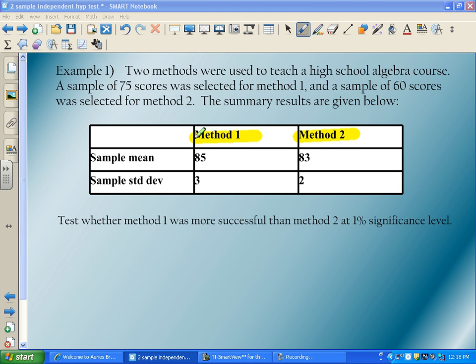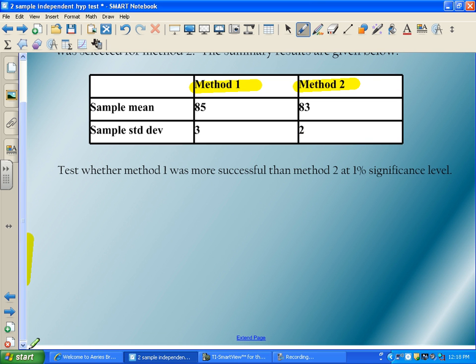Same 8 steps. Is this blue hard for you guys to see? Are you guys okay with it? Okay. All right. We'll start with step 1. Step 1. Identify what it is we're talking about.